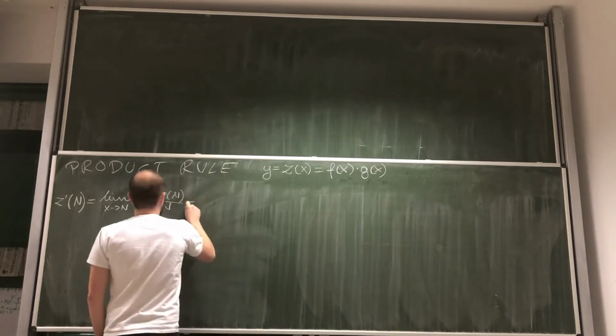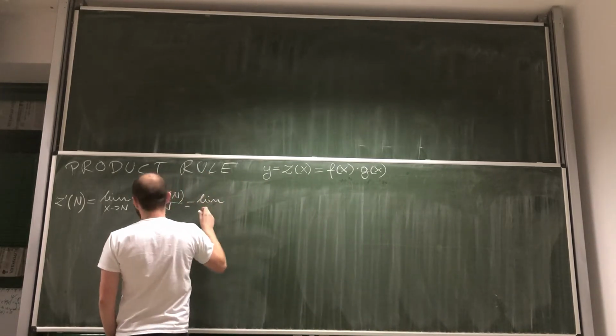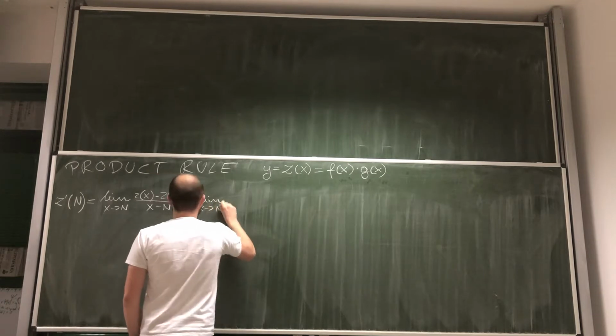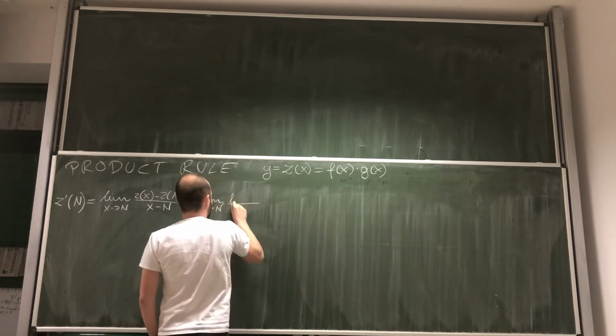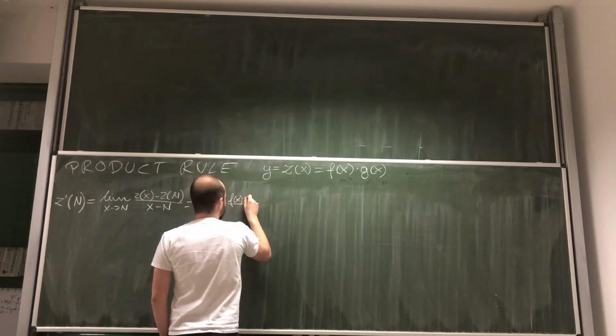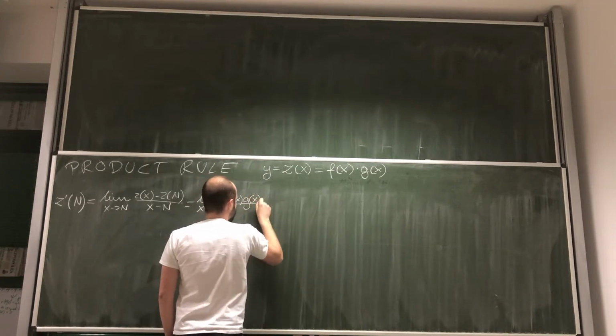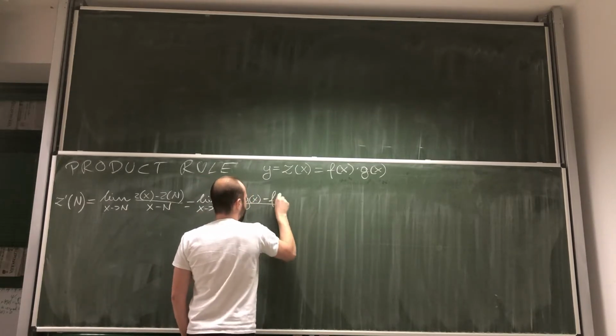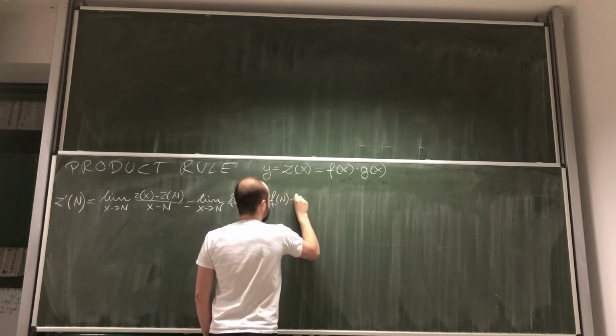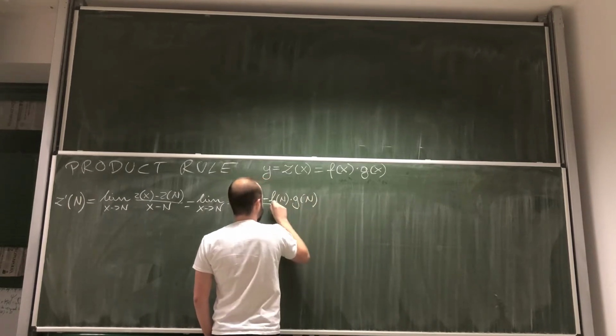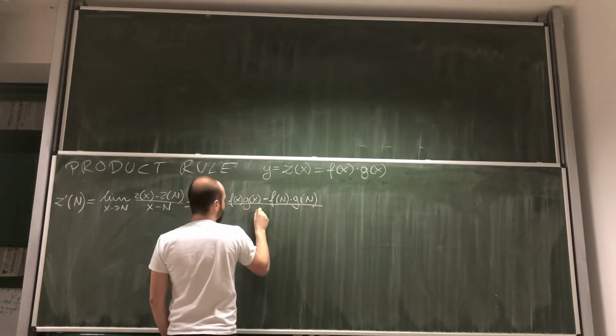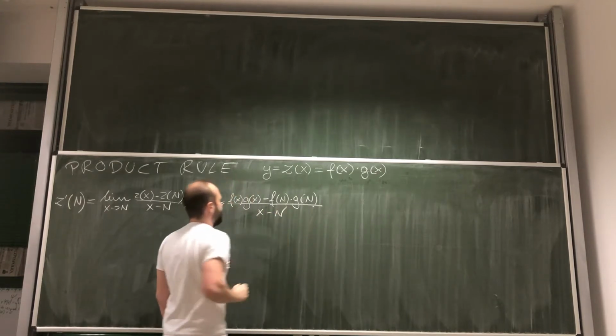Okay, so we've got the limit with x approaching n of f of x times g of x minus f of n times g of n, and this all divided by x minus n.